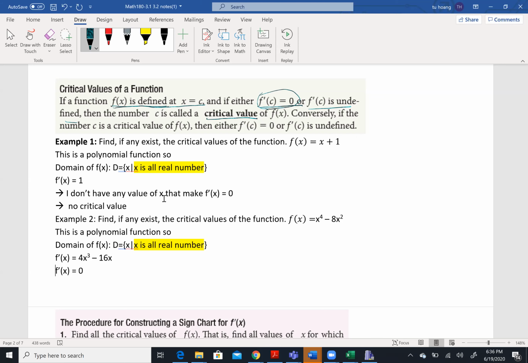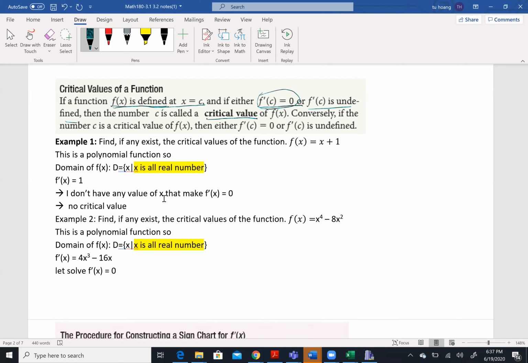So let's solve. I have 4x cubed minus 16x equal to 0.